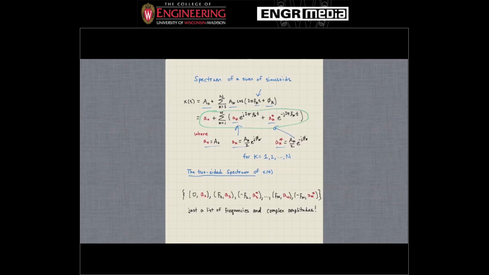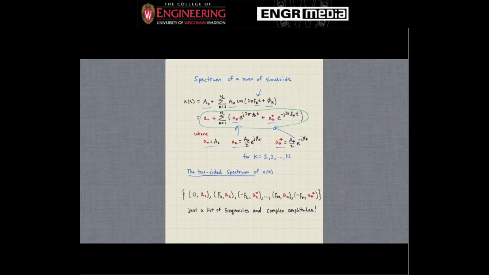When the sum of sinusoids is written in that form, it's really easy to just take out the frequencies and the complex amplitudes, right, for each complex exponential. And if we make a list of those, that's really just the spectrum, often called the two-sided spectrum of x of t. Okay.